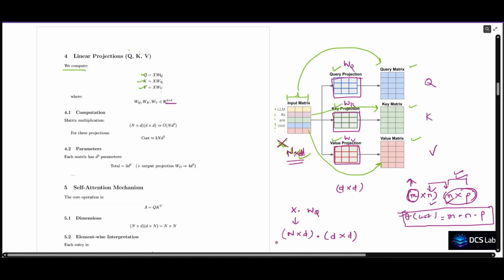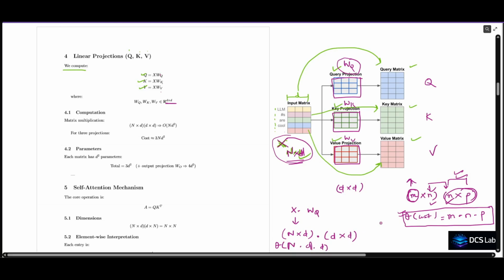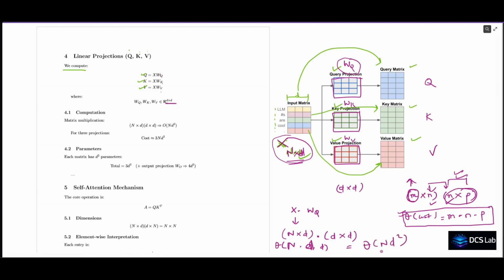Likewise, the cost of one multiplication between X and WQ is n cross d times d cross d. As per our formula, we have n times d times d, which is Theta of n d squared, for one multiplication between X and WQ.